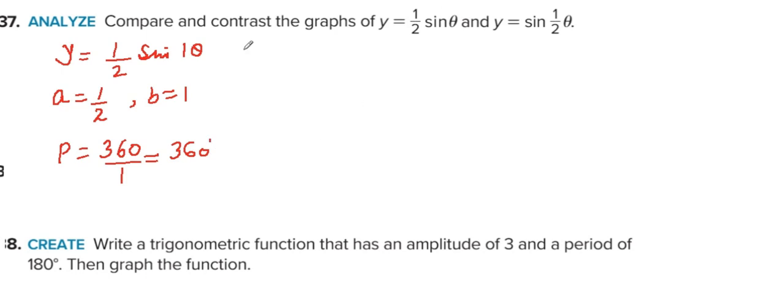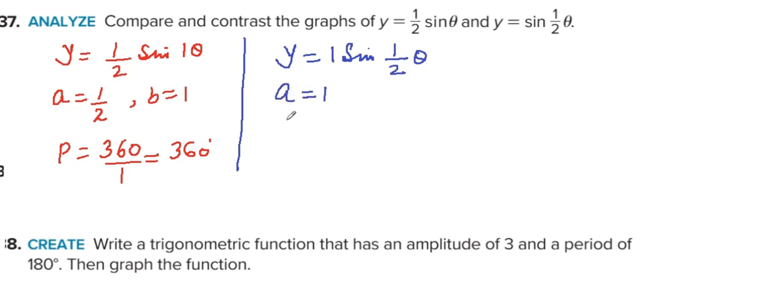Now I will see the other one. Y is equal to sine half theta. Second one, they said compare with these two. So here amplitude is 1. And what is the period? B is half here. So period is 360 divided by half, multiply by 2, so 720.